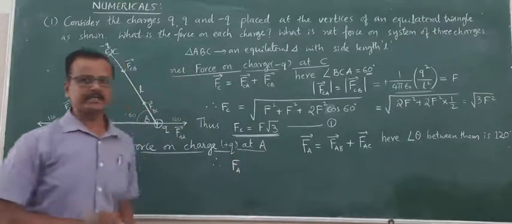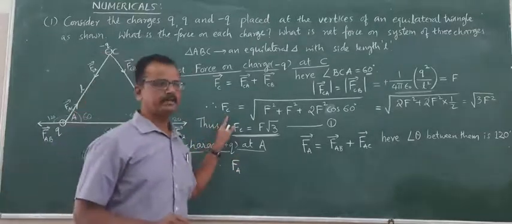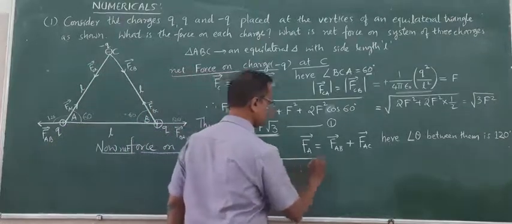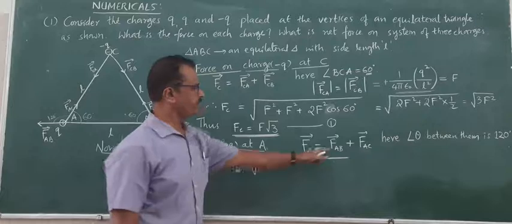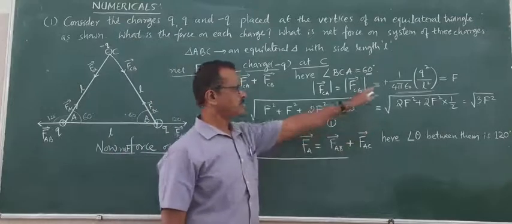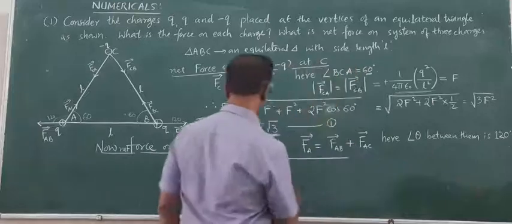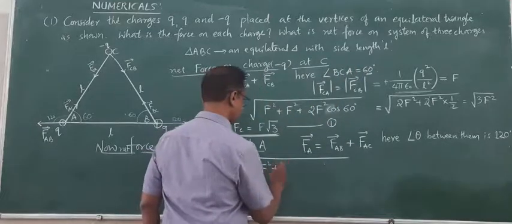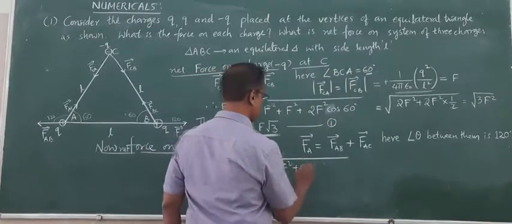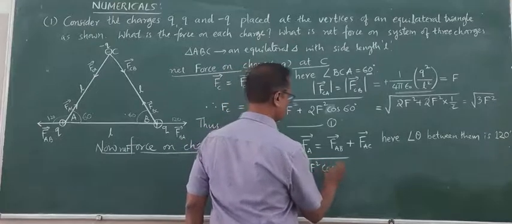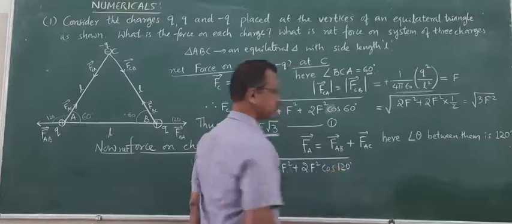So FA means, again, as I have written here, magnitude of vector FA, which is equal to square root of, again, whether it is FAB vector, FAC vector, the magnitude is same. Magnitude is F only. So I can take directly F square plus 2F square into cos 120.